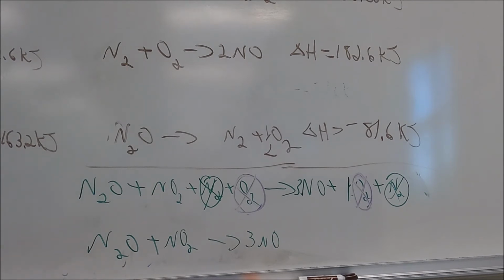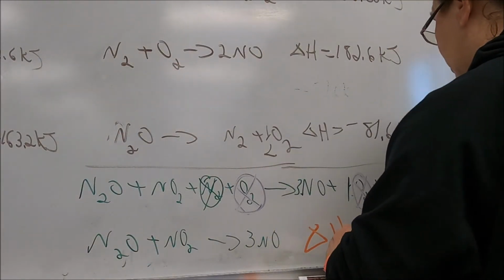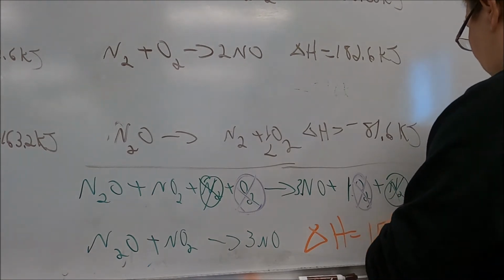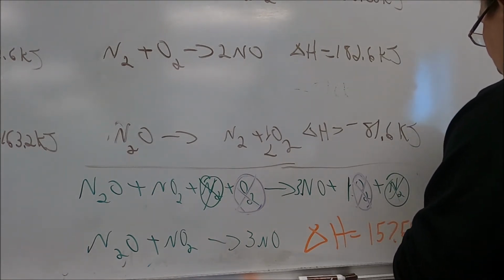So 56.55 plus 182.6 minus 81.6. So I get a delta H for this reaction equal to 157.55 kilojoules.